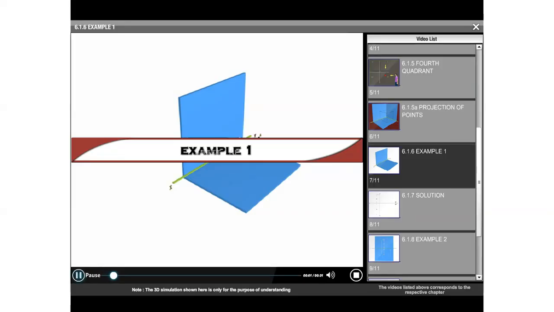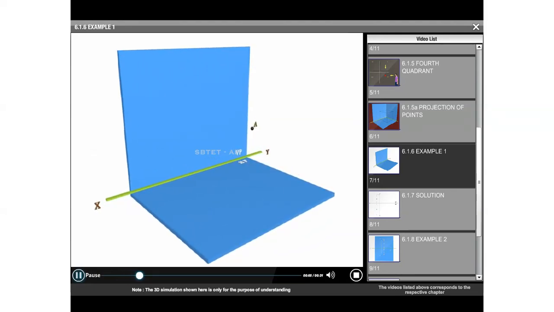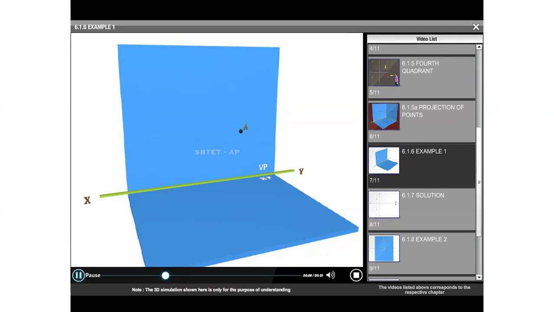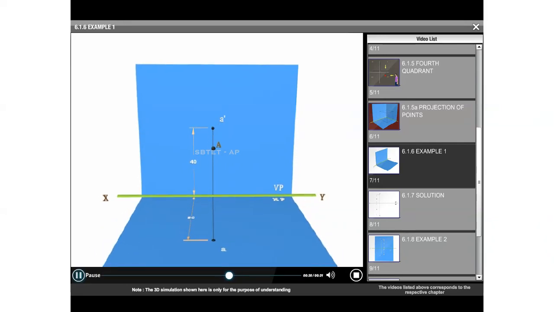Example problem 1. Point A is considered, which is 40 mm above the horizontal plane and 50 mm in front of the vertical plane.